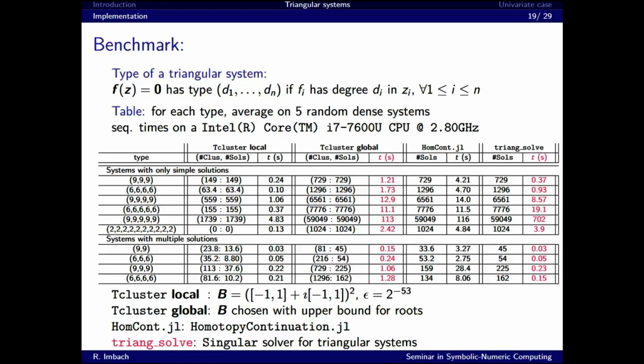That performs very well for systems coming from a triangular symbolic step. But for the kind of systems we try, the solving times are quite similar to ours, except for very big systems. Well, we give a guarantee on the output.